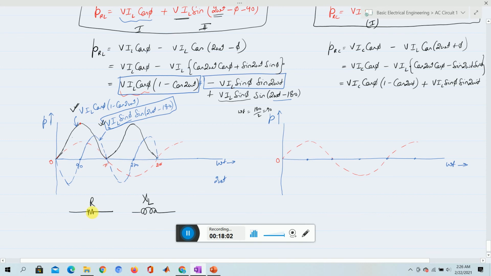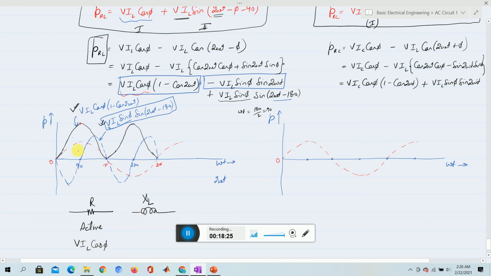So we are trying to represent this total power PRL in terms of what it would be if only resistive was there. So it is like the active power, the active component. From here we got the active component as VIL cos of phi.